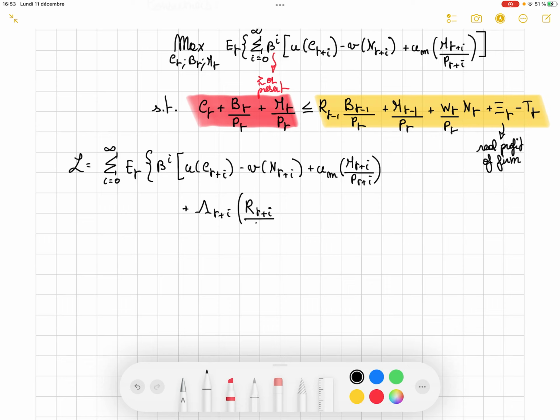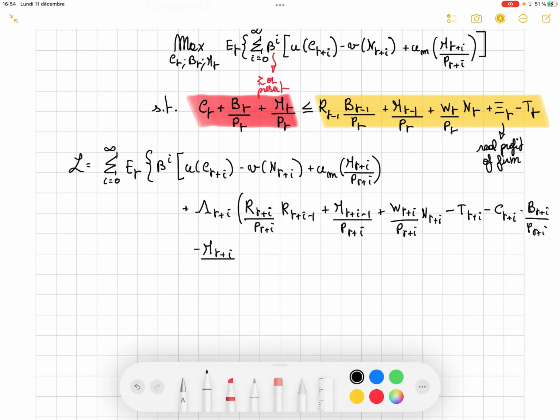So this is here the real interest rate still divided by pt plus i, multiplied by rt plus i minus 1, times the bonds, plus mt plus i minus 1 divided by pt plus i, plus the wage, minus the tax, minus then the consumption, minus the bond, minus the money.